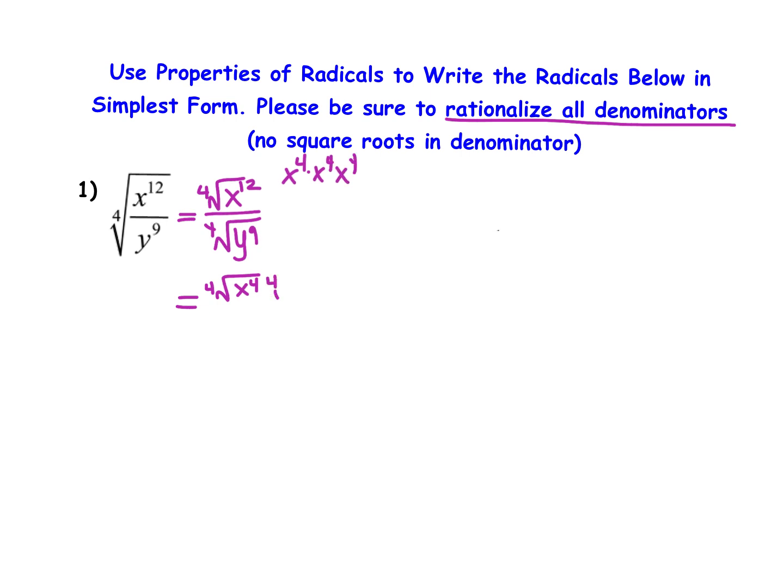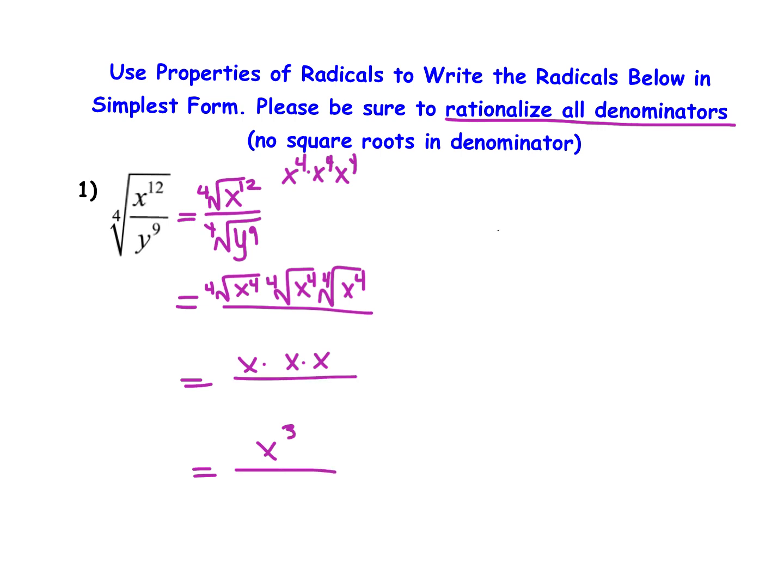So I can get that numerator part solved out pretty quickly. So that numerator I know is going to become x times x times x, which is just going to be x cubed.